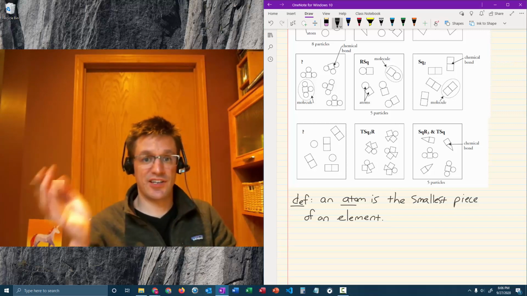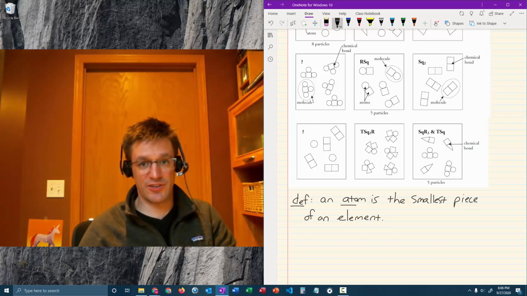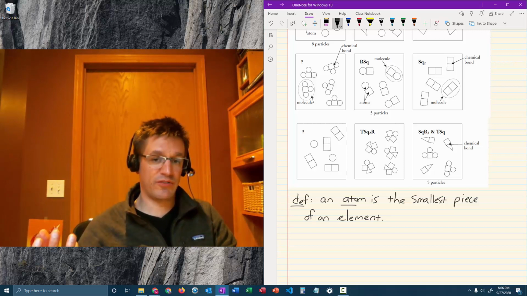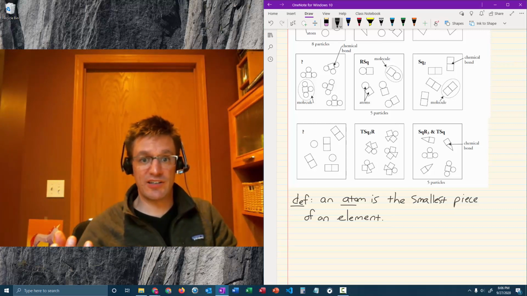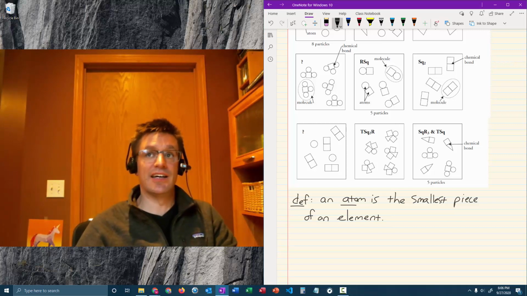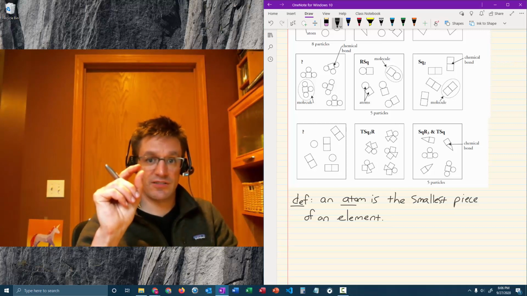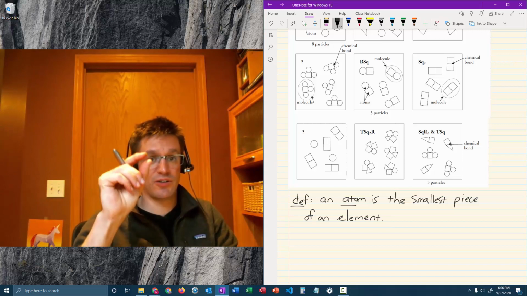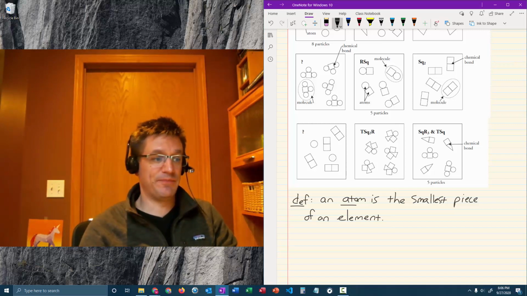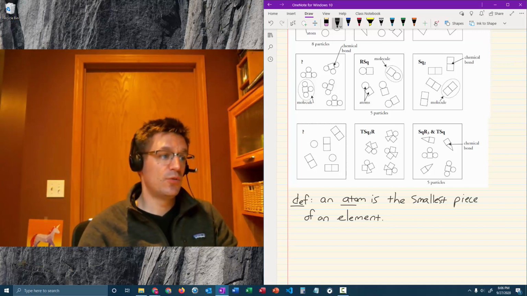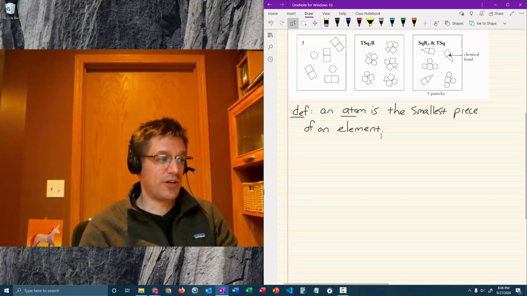An element is anything on the periodic table of elements. So, for example, one of the elements on there is carbon, letter C. It's element number 6. And the smallest piece of carbon that you can make, that would be called 1 atom of carbon.